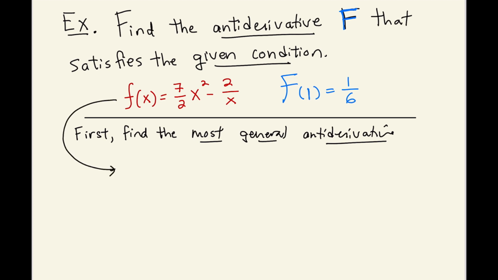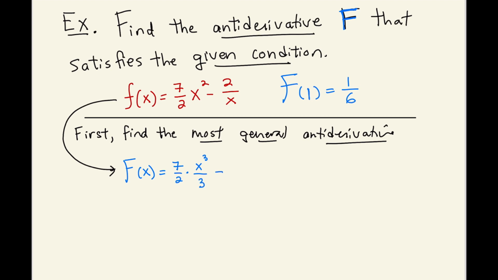In this case, I have capital F of x, so here's my antiderivative. I'm going to look at this term to the first and just break things down. And this, if I pull out the constant multiple, I know that the antiderivative of x squared is going to be x cubed over 3.